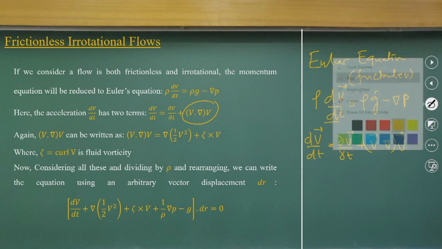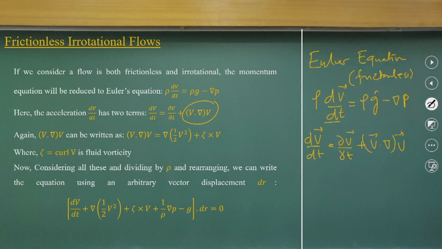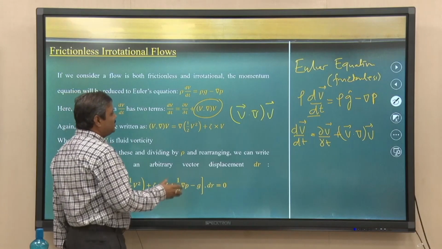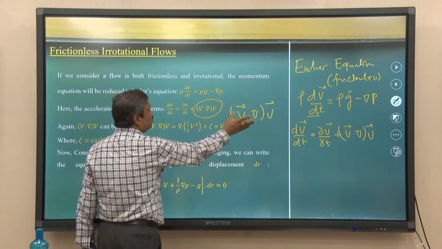Now, if you look at this relationship, which is very interesting, we are looking at how we can simplify this component. From vector algebra, in any of the books, we can split this expression into two parts.